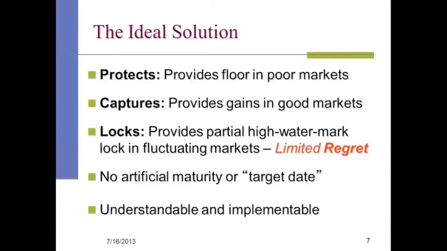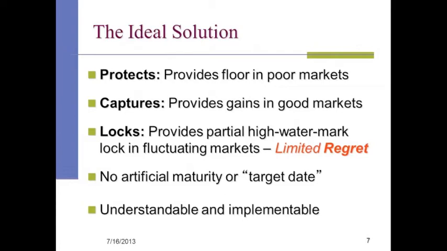So what might the ideal solution look like? Well, it would have several features. Clearly, protection in poor markets, gains in good markets, some form of high water mark lock-in in fluctuating markets. Two others which perhaps are somewhat away from the specific investment issues, but more to the individual, is the idea of the artificial maturity that a target date sets up.